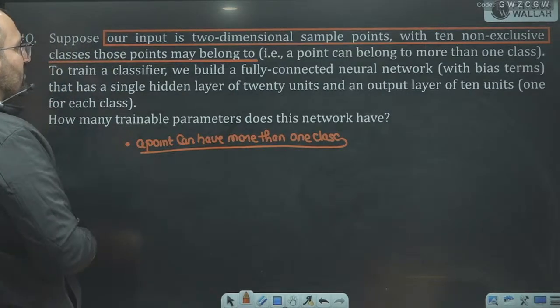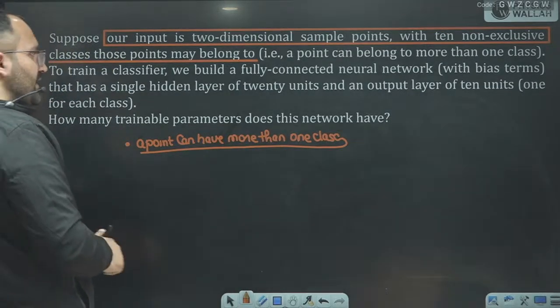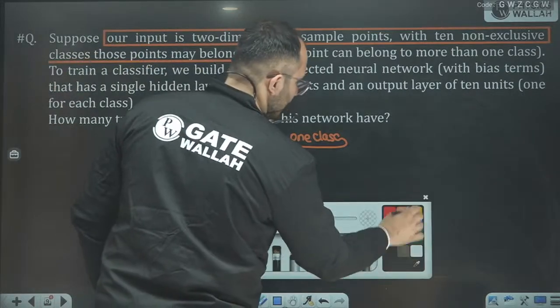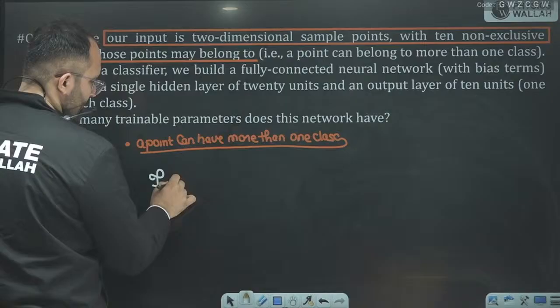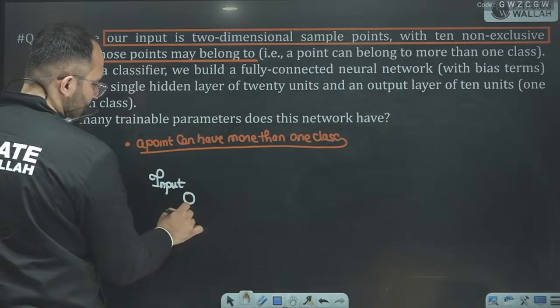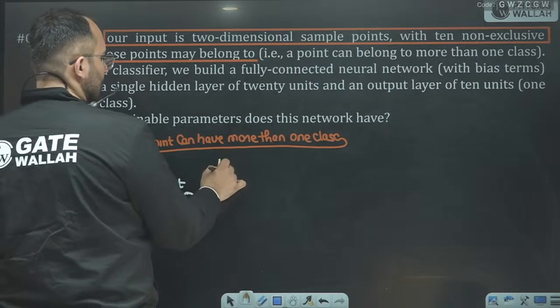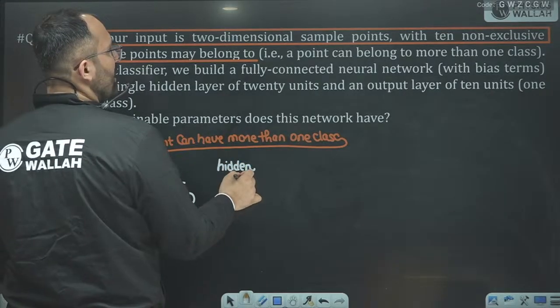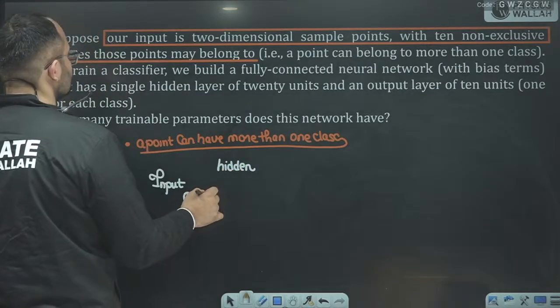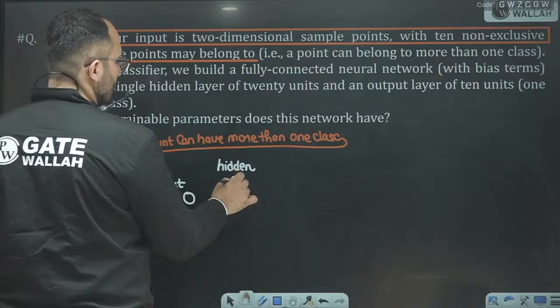How many trainable parameters does this network have? It's a very simple thing. At the input layer, we have data of 2 dimensions. At the hidden layer, how many neurons are there? 20 neurons.